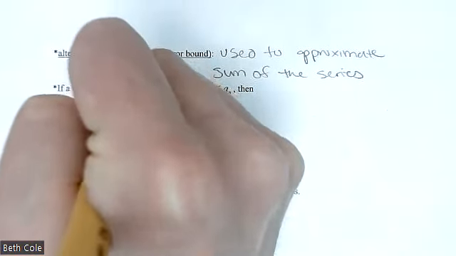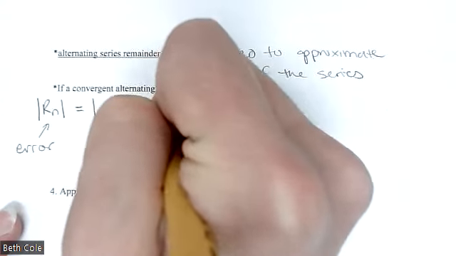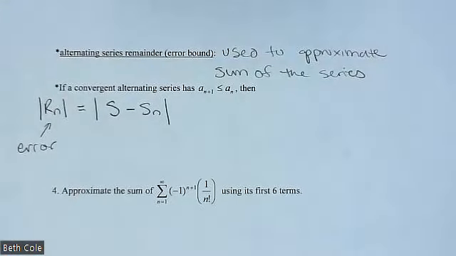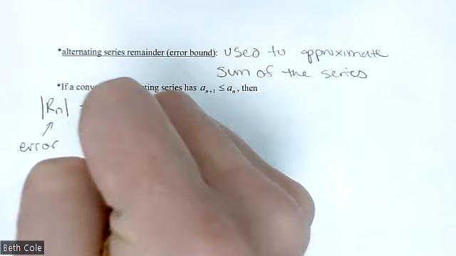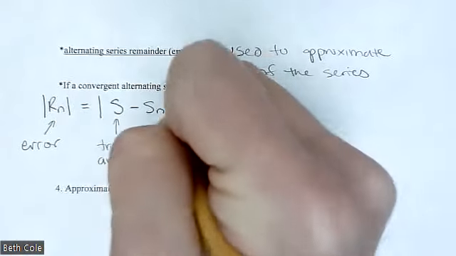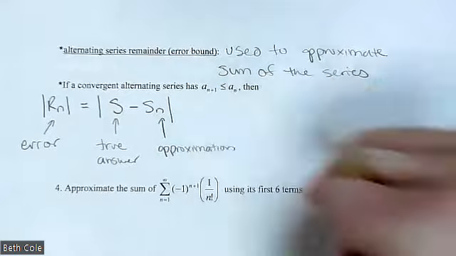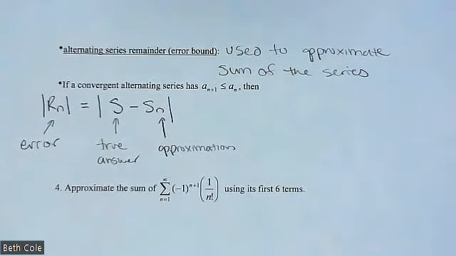So that is going to be the actual sum. S is the actual sum minus the partial sum that you did. So this is like the true answer, that capital S. And this is your approximation. So capital S is like the true answer if you were able to add up to infinity.